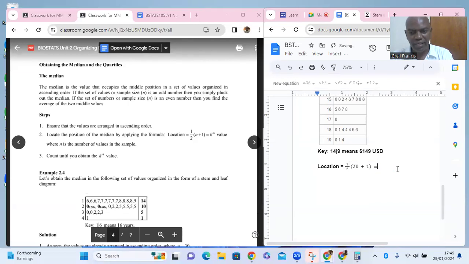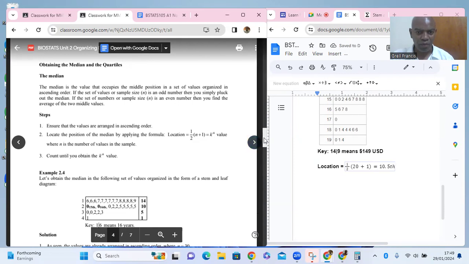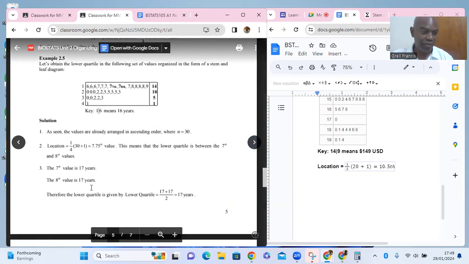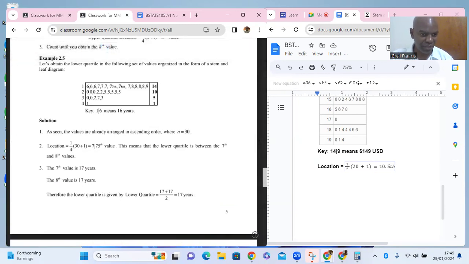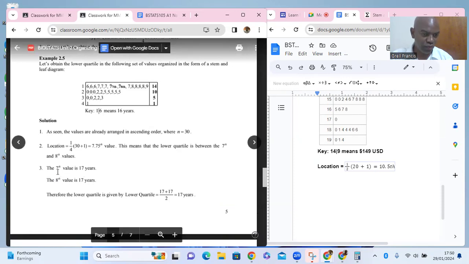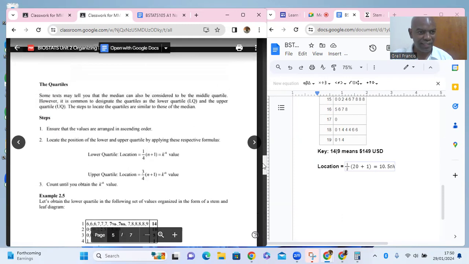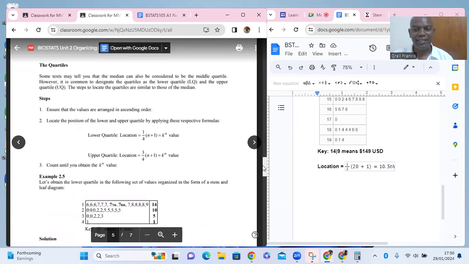So I have to get the 10th and the 11th value. There should be an example similar to this, and here it is. So if your location is a decimal, you've got to get 2 values and find the average. So my median location here is 10.5. So I need to get the 10th and the 11th.